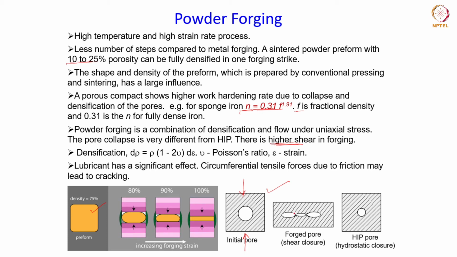They become elongated, which is known as the shear closure because of the higher shear that the forging operation provides. And as a result, they'll be closed in this manner compared to the hepping process, where the pore closure or the shrinking of the pore happens in a uniform manner, as you could see from here.